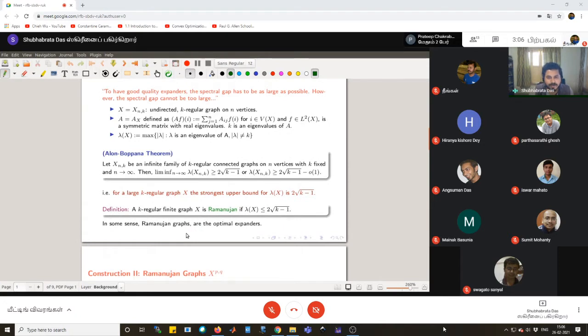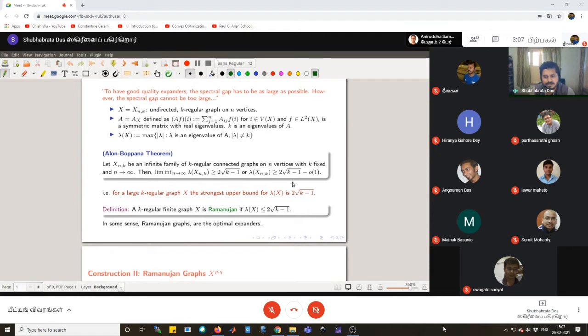So the Alon-Boppana theorem in this context says that if we have a k-regular graph with n vertices, if we have a family of them, then this number, the maximum of the modulus of eigenvalues, the lim-inf of this is bounded below by 2 times the square root of k minus 1, where k is the degree, which can also be written in this manner.